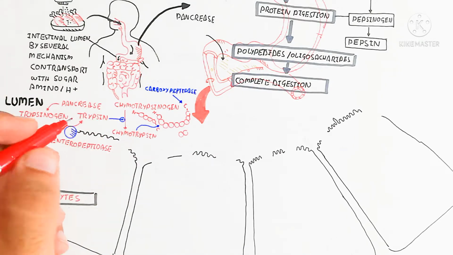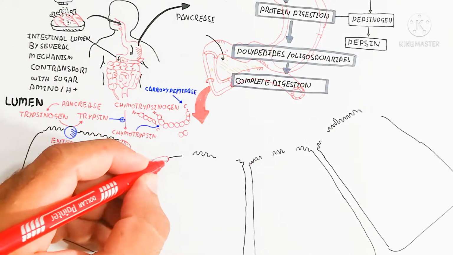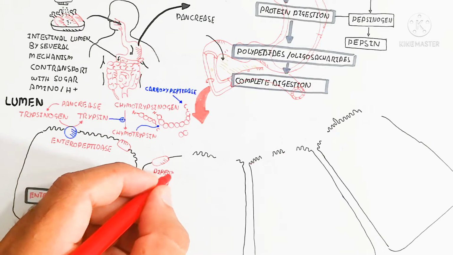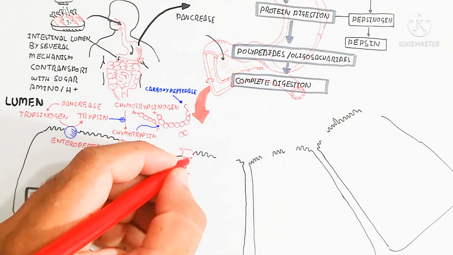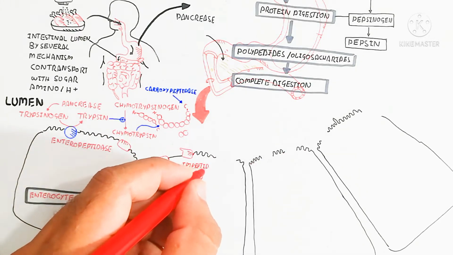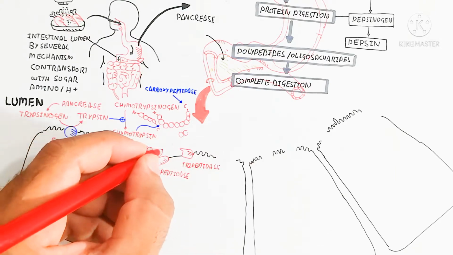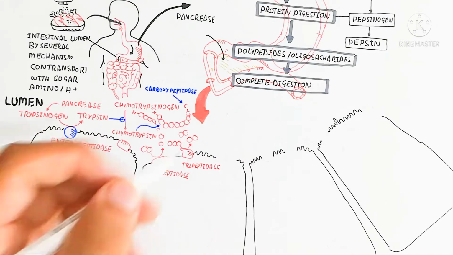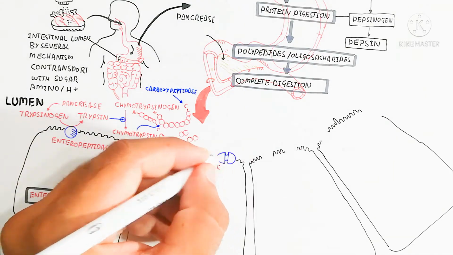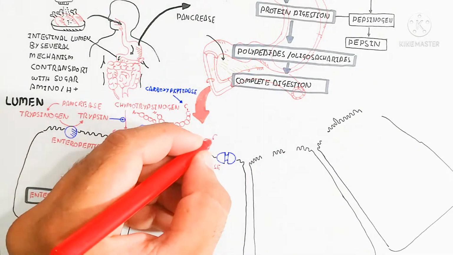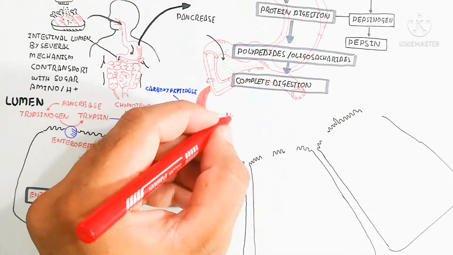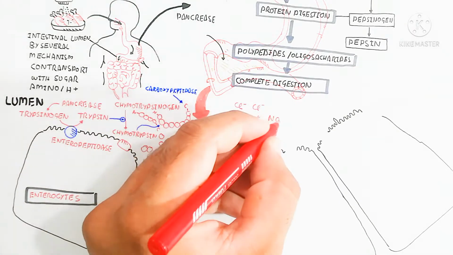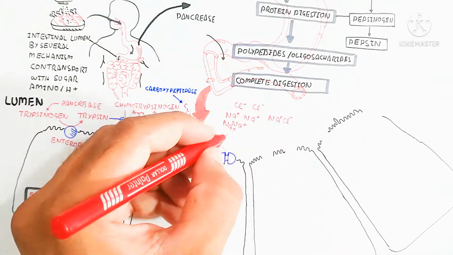Trypsin is important for breaking the peptide bonds within the polypeptide. Chymotrypsinogen is converted into chymotrypsin by the action of trypsin. This chymotrypsin is very important for converting oligopeptides into dipeptides and tripeptides, which are made up of two amino acids and three amino acids.